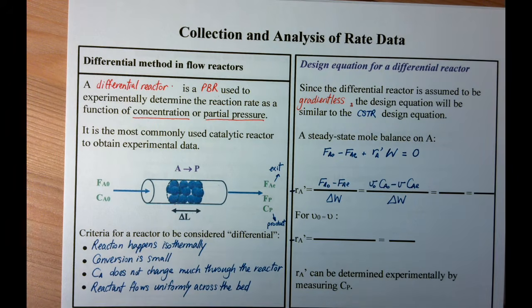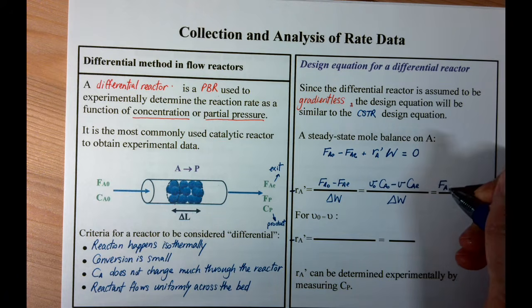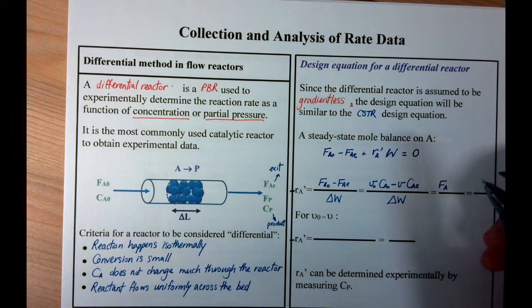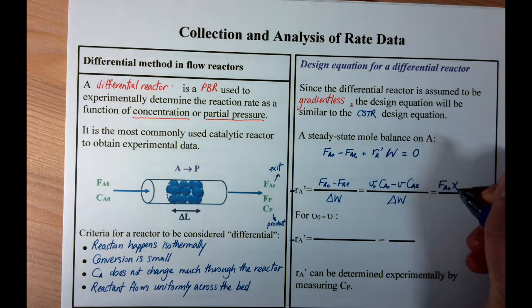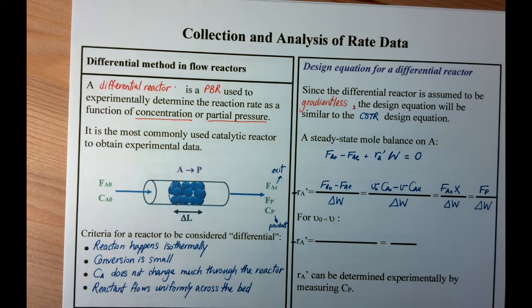And all of this is going to be FA naught times X over delta W. And FA naught times X is the flow rate of the product divided by delta W.